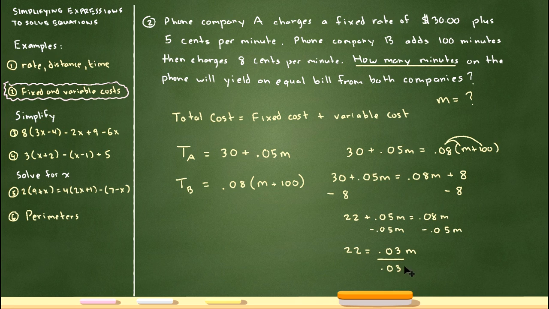So, you know what? Here, let me do this. We're dividing the whole right side by 0.03 and the whole left side by 0.03. So m is equal to 22 divided by 0.03.